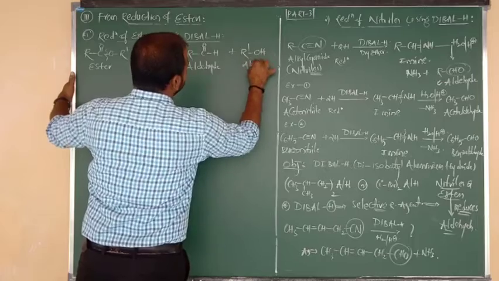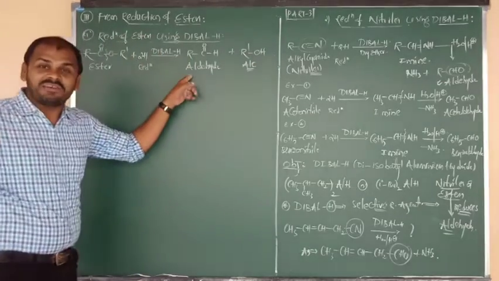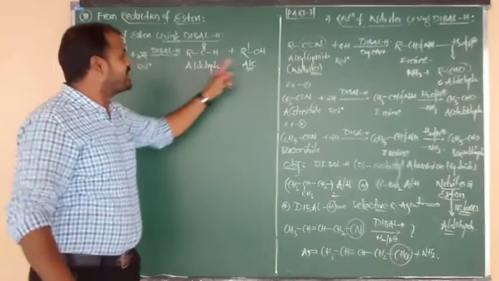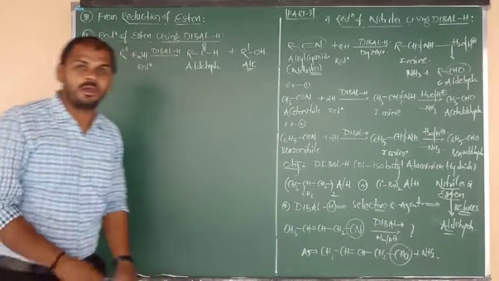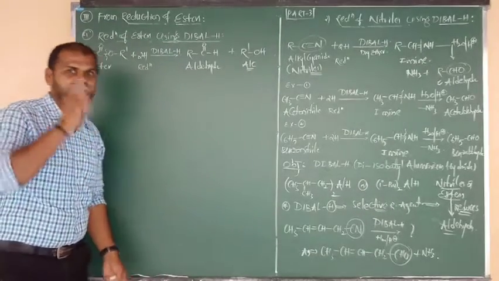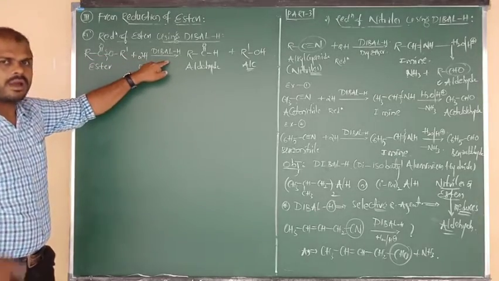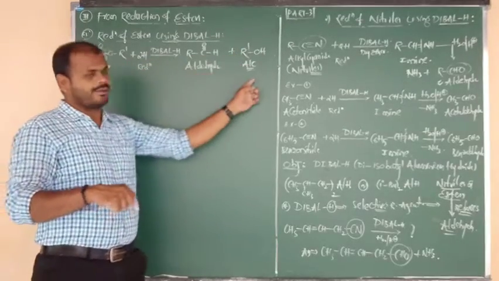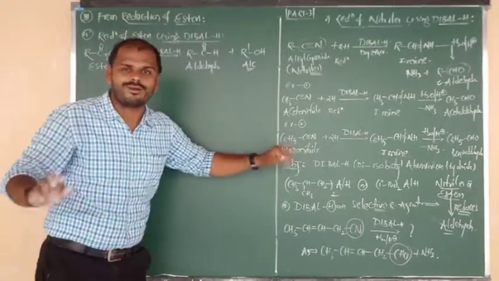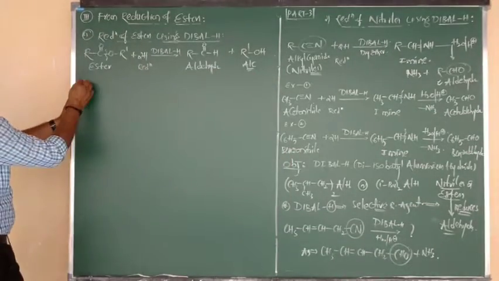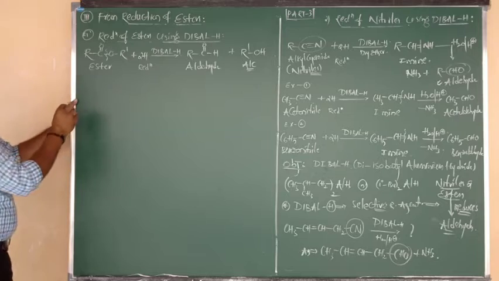What is the name of this compound? Alcohol. So along with the aldehyde, you are getting another product, the alcohol. So how to say the statement? Esters on reduction with DIBAL-H give a mixture of aldehydes and alcohols. Over? Good, done.